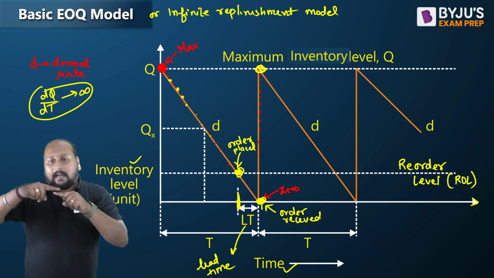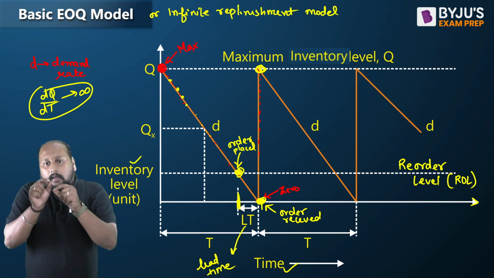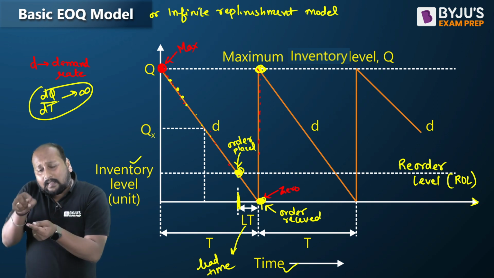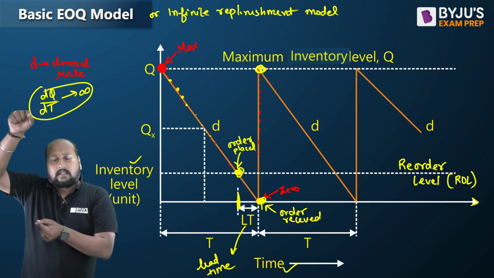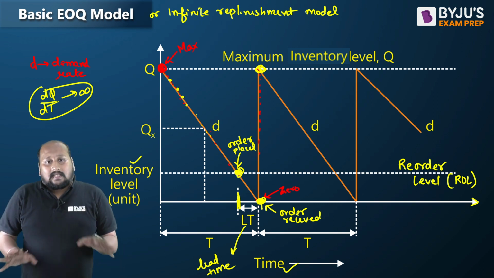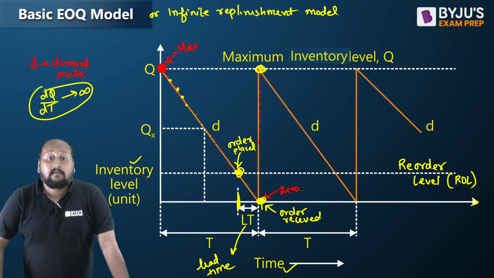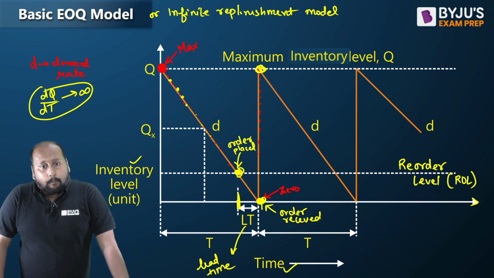We place the next order, and it then comes to a zero value. Once it reaches zero, again the inventory becomes the maximum. So this is your basic EOQ model, or Harris-Wilson model, or infinite replenishment model.